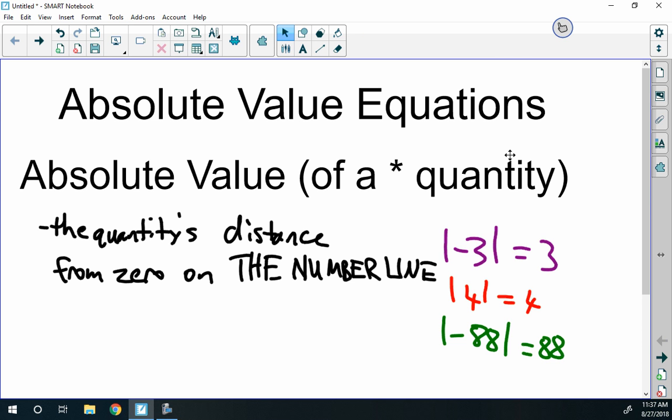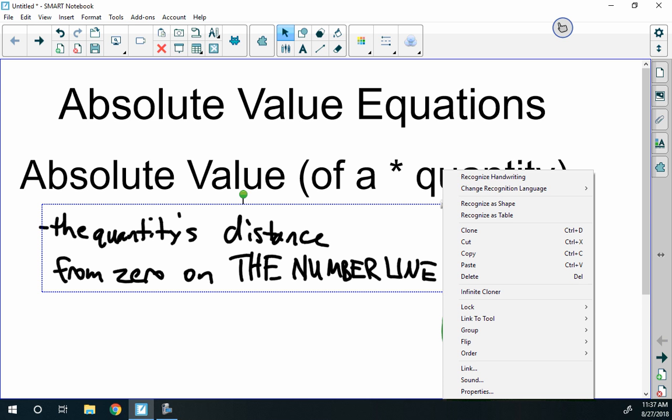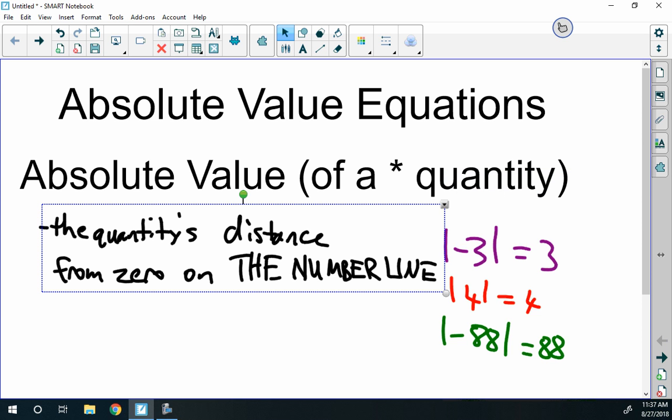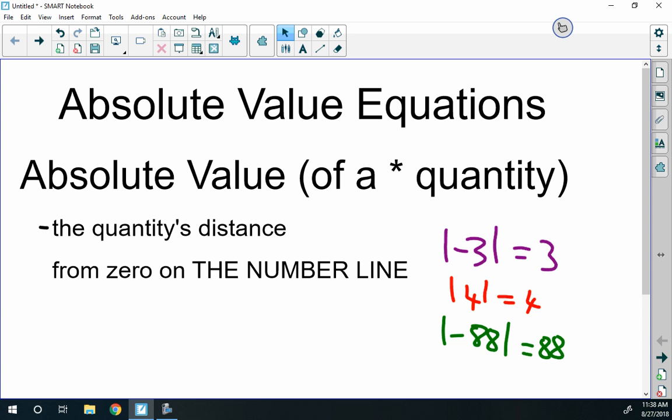Okay? That definition of the absolute value of a quantity is why we have to solve absolute value equations the way we have to solve absolute value equations. So it's the quantity's distance from zero on the number line. That's what the absolute value of a quantity is.